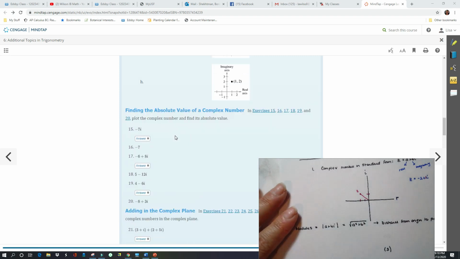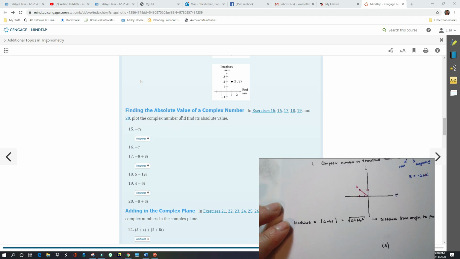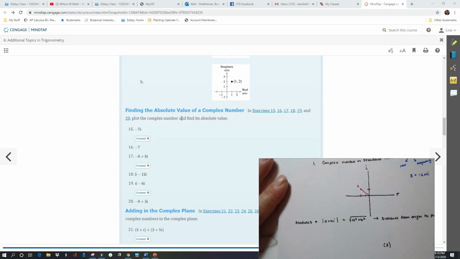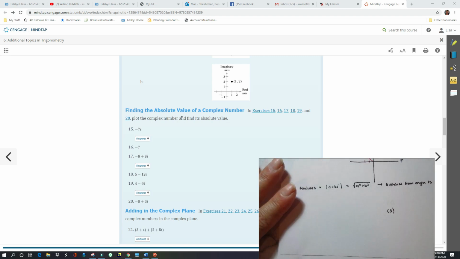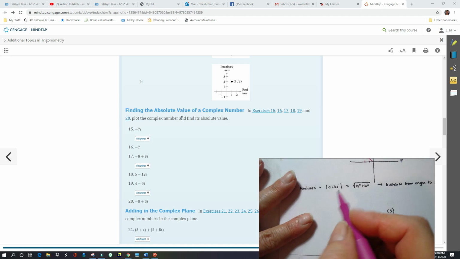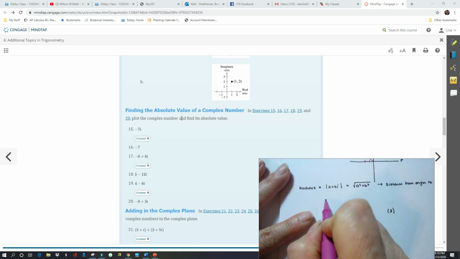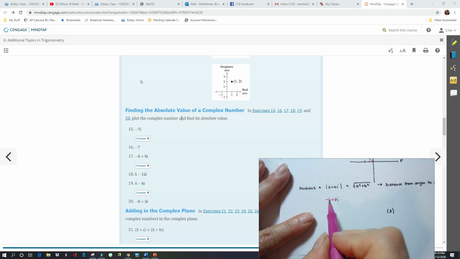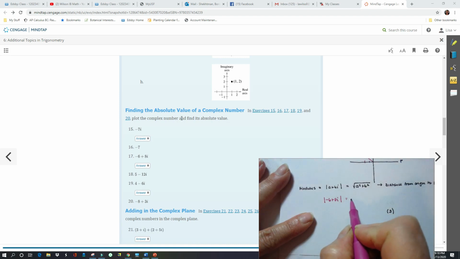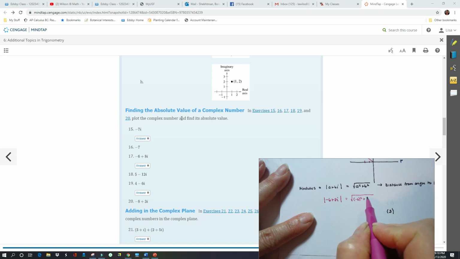Okay, so here's some. They're saying find the absolute value or modulus, same thing, of a complex number. So let's look at number 17. The complex number is -6 plus 8i. Okay? If I want the modulus, the first thing I'm going to do is put my absolute value symbols around it, and I'm going to say that equals the square root of -6 squared plus 8 squared.